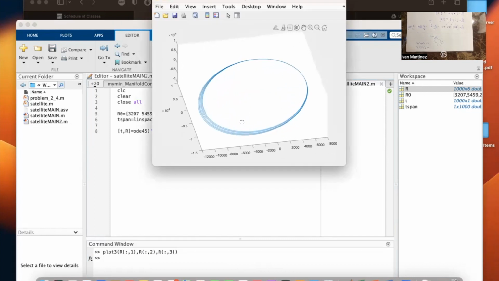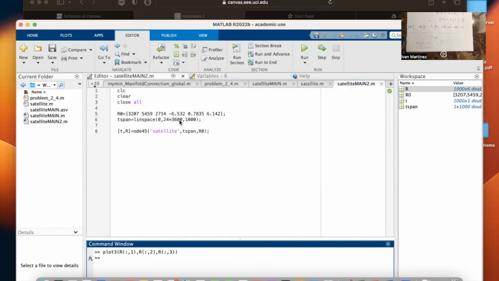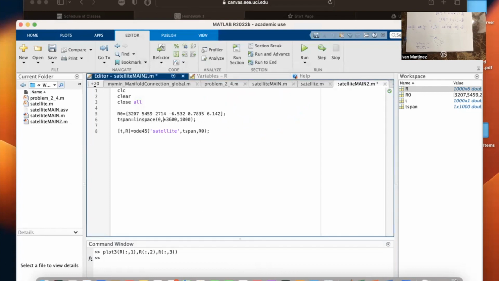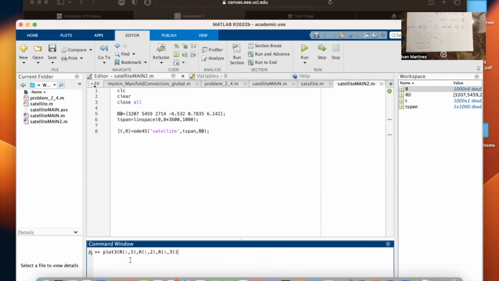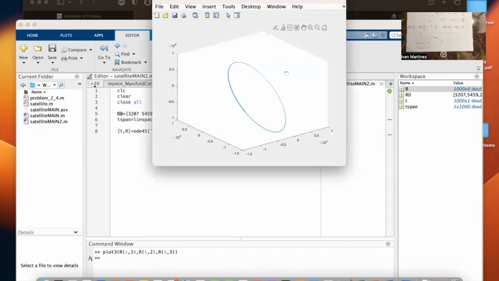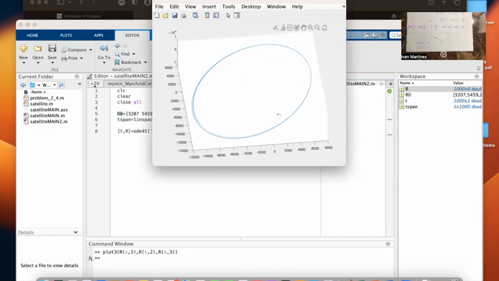You see it's more smooth now. And then we were saying that there's too many laps. We don't need that many. So let's plot less time. Instead of 24 hours, 8. You see, there's fewer revolutions now.